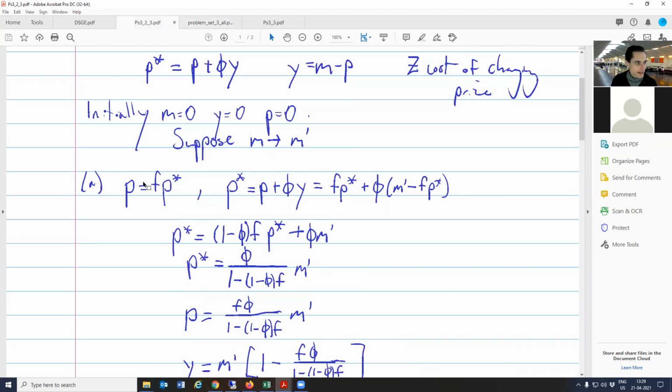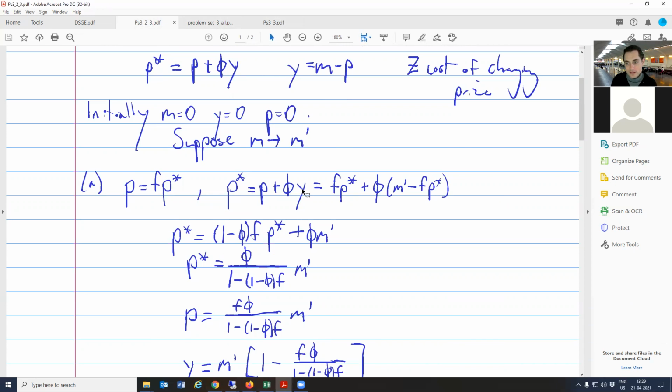So I'm just writing out what they gave us in the problem. p is equal to f P star. And from the setup, we see that P star is equal to p plus phi y.